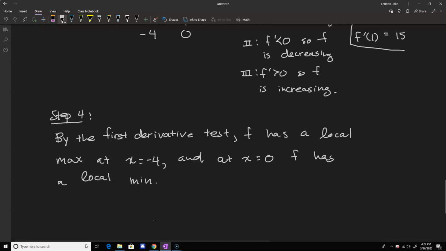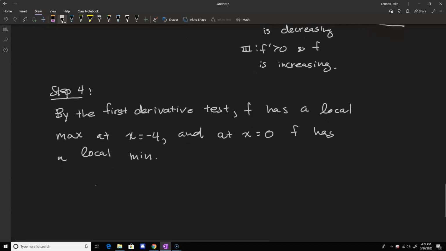If you want to figure out precisely what their values are, you need to plug them back into the regular function. So let's go ahead and do that quickly. Let's remember what our regular function was. Our regular function was x cubed plus 6x squared plus 1.